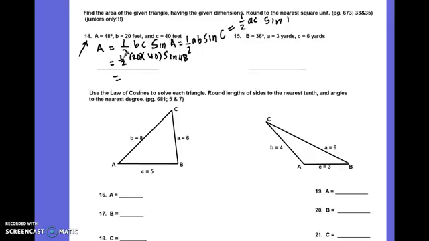It says to the nearest square unit, so it's going to be 297. And here this is in feet, so it's going to be feet squared.